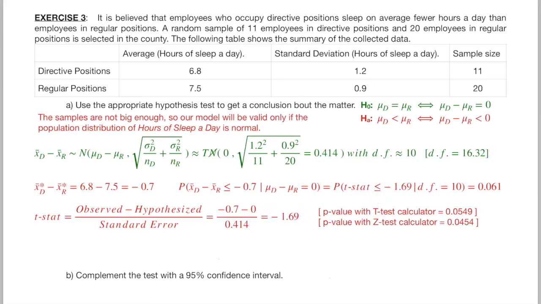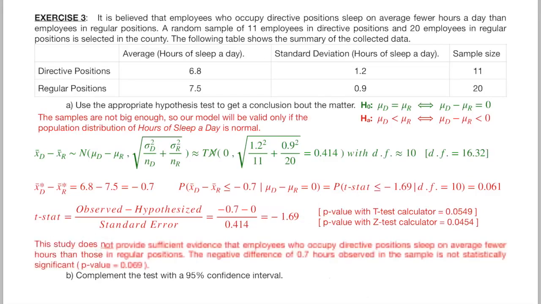Since this p-value is greater than 0.05, the common significance level, this study does not provide sufficient evidence that employees who occupy directive positions sleep on average fewer hours than those in regular positions. The negative difference of 0.7 hours observed in the sample is not statistically significant.